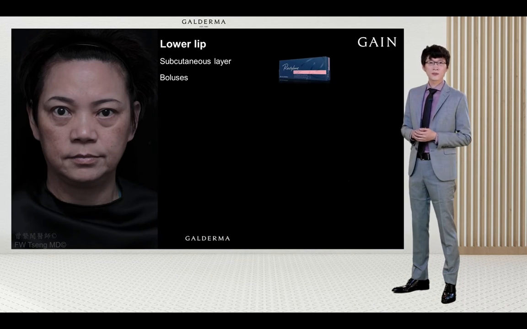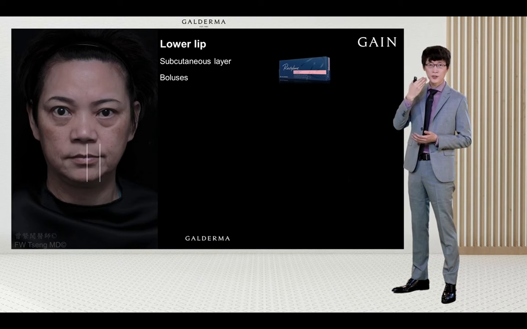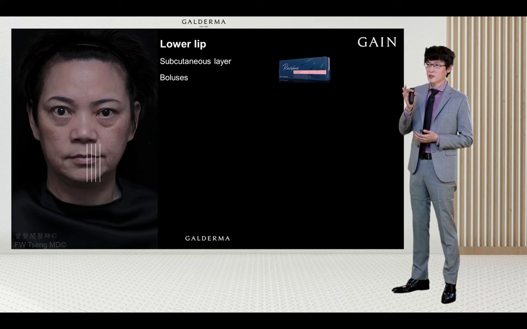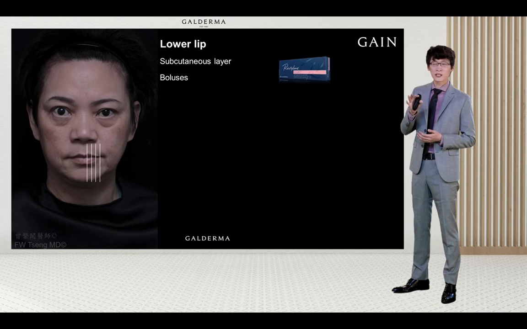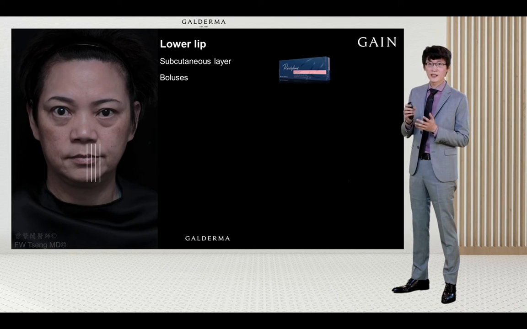And in the lower lip, let me share with you an easy technique. First, we draw two vertical lines that transect the mouth corner and the filter ridge, and then two more lines that would divide the lower lip into equally distanced parts, and these reference lines give you an easy reference where to put your bolus injections.